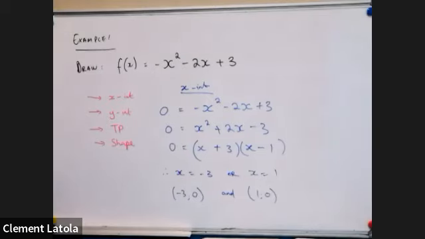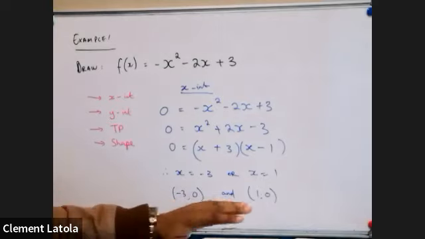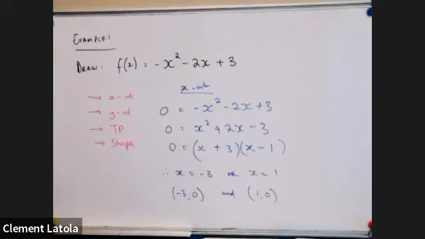Okay, so those are the three kinds of scenarios you can get. But in this case, we have 2 x-intercepts. I think in most parabolas that you will be doing, there'll be 2 x-intercepts. But I just made you aware of the other cases as well.